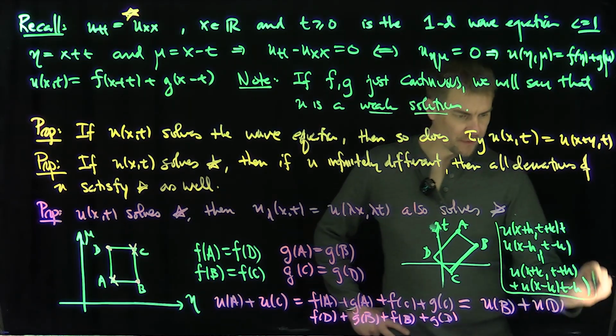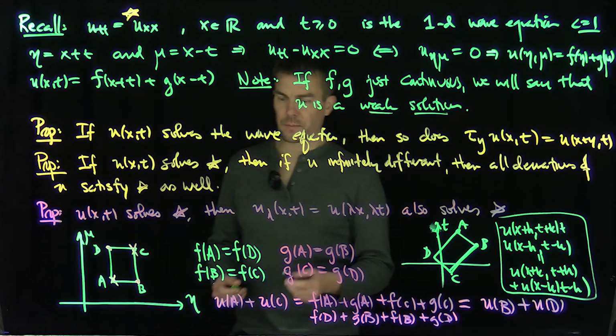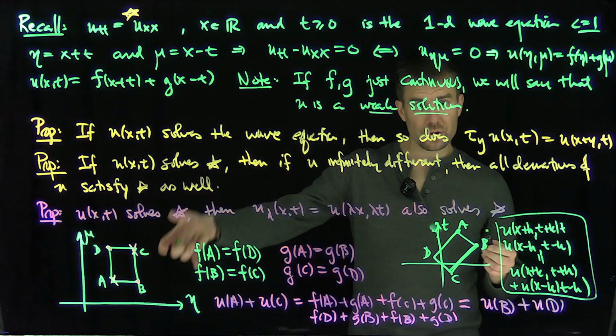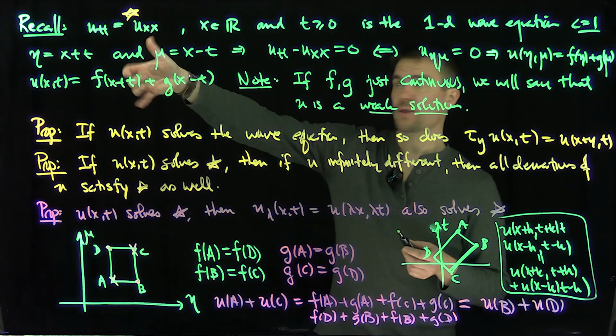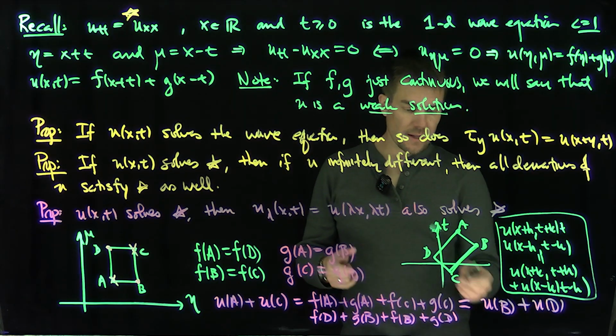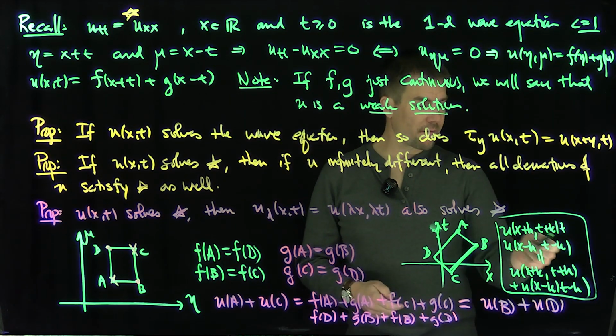And so that would be the result that we would get for our wave equation over here. And it just comes from the fact that if we look at a rectangle in the U eta space, the rectangle in the U eta space translates under these characteristic changes into parallel lines, right, by this structure over here. And that will translate to the tx space in such a way that you have this relationship.